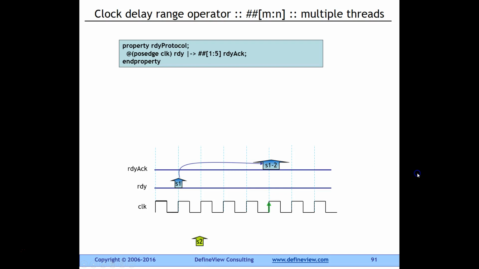Now let's say that ready comes again, the very next clock. What's going to happen? This ready is also going to wait from within 1 to 5 clocks to see if ready X arrives. Well, guess what? After this ready arrives, you have 1, 2, and 3 clocks, and 3 clocks later, it detects that ready X has arrived.